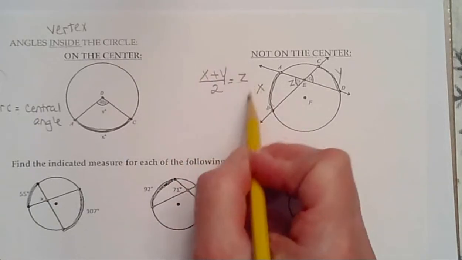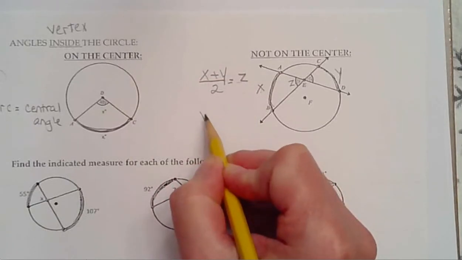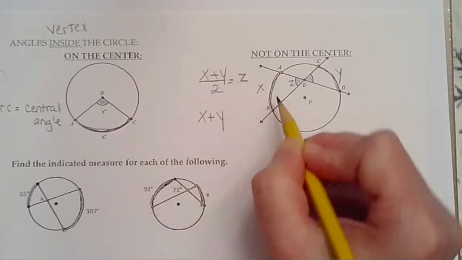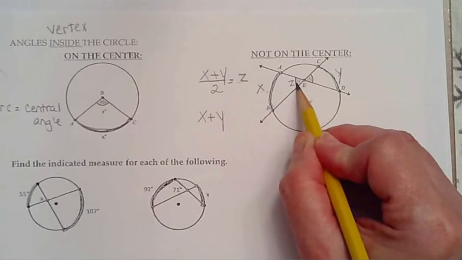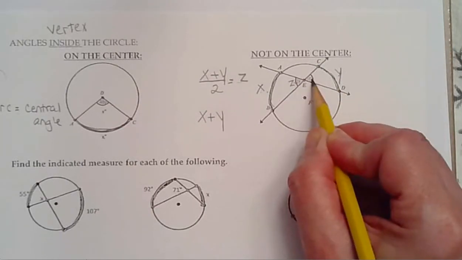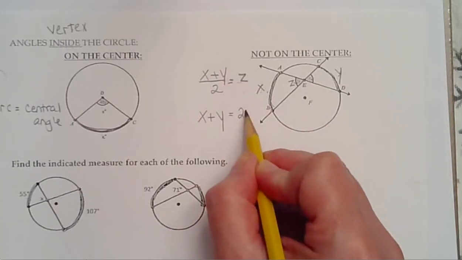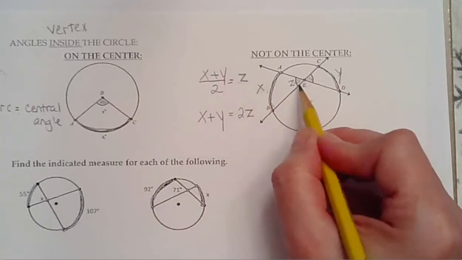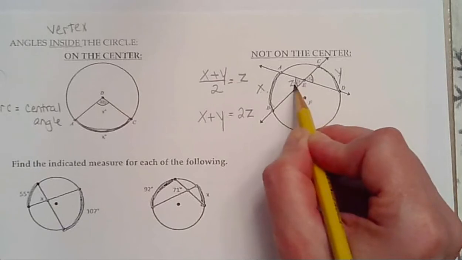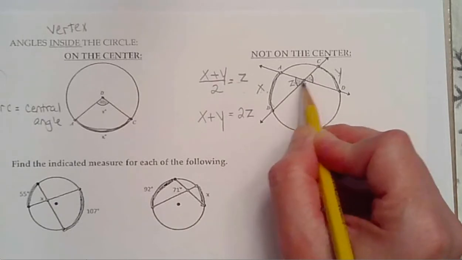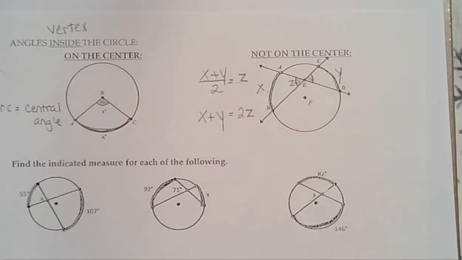Another way to look at this formula is you can add these two arcs and it's going to equal this plus this, which is 2Z. Remember, these are vertical angles, they're the same measure. So 2 times Z is equal to the sum of those two arcs.